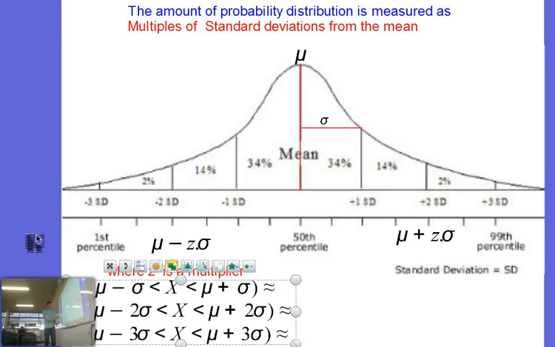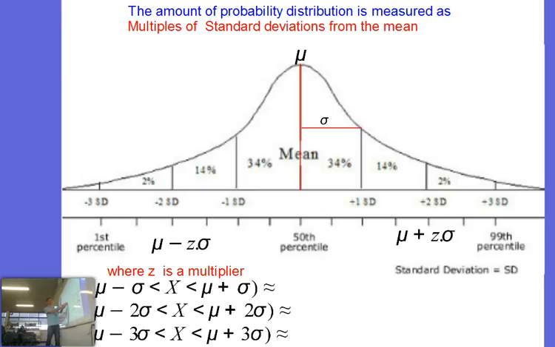So let's try and measure from our graph approximately what kind of intervals we can form. If we've got a range of x numbers such that our x is in between 1 standard deviation to the left of the mean and 1 standard deviation to the right of the mean.